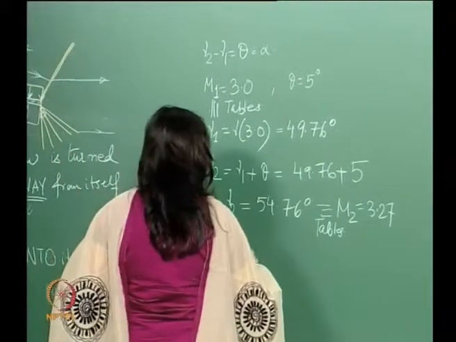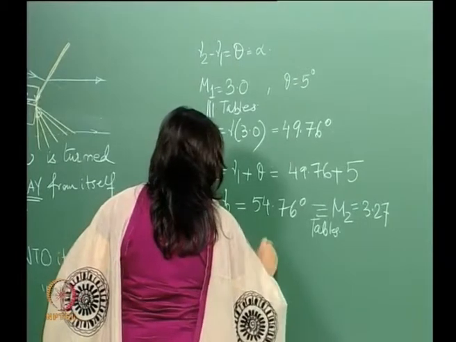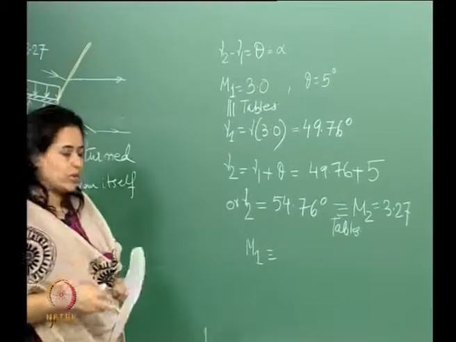Okay. So, for now M1, so let us find out. Now, for M1 corresponding to this, again we get this from the isentropic tables, right.